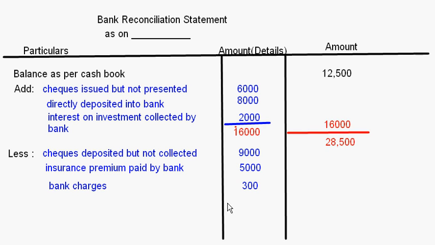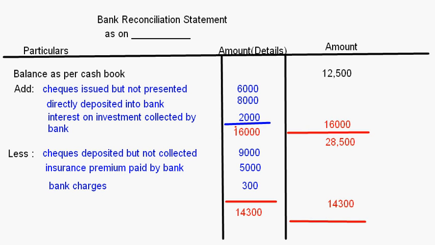Now total the items to be deducted, this is 14,300, right? So from this 28,500 you deduct this 14,300.